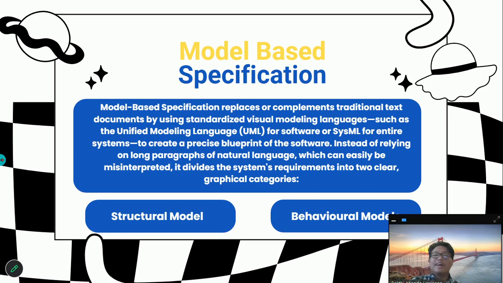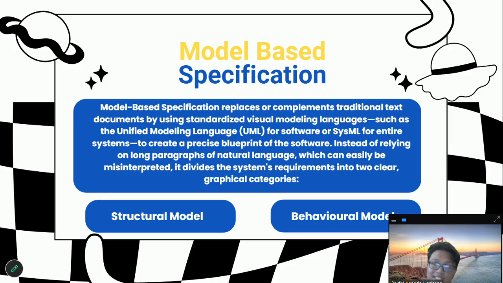Okay, next one we got model-based specification. Model-based specification replaces or complements traditional text documents by using standardized visual modeling languages such as the Unified Modeling Language, or UML, for software, or SysML for entire systems, to create a precise blueprint of the software instead of relying on long paragraphs of natural language which can easily be misinterpreted.